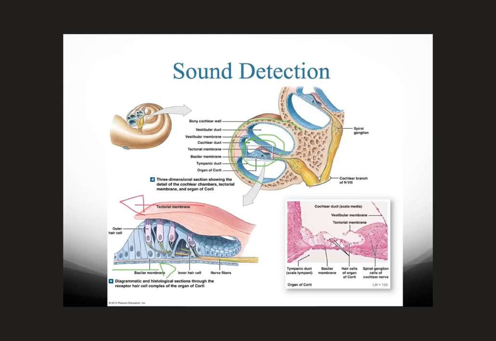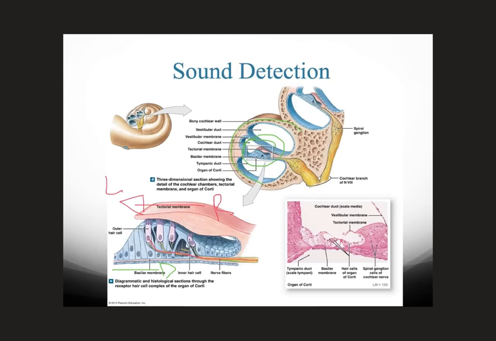If the tectorial membrane is moving from right to left, these hair cells are going to be larger, therefore they're the kinocilium. That means the stereocilia is going to be stimulating the kinocilium, and therefore you're going to have activation of these receptors.